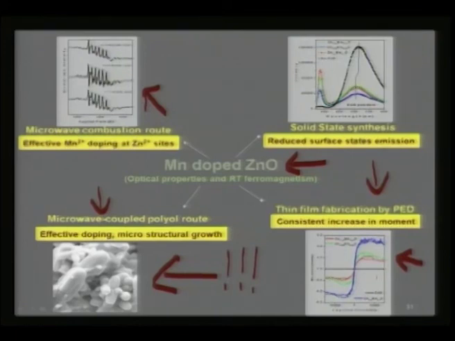So I have shown you one is a milder approach, one is a brute force approach, one is a thin film approach, one is the conventional solid state approach. We need to be extremely careful because each of these preparatory features seemingly throws a variety of magnetic information.